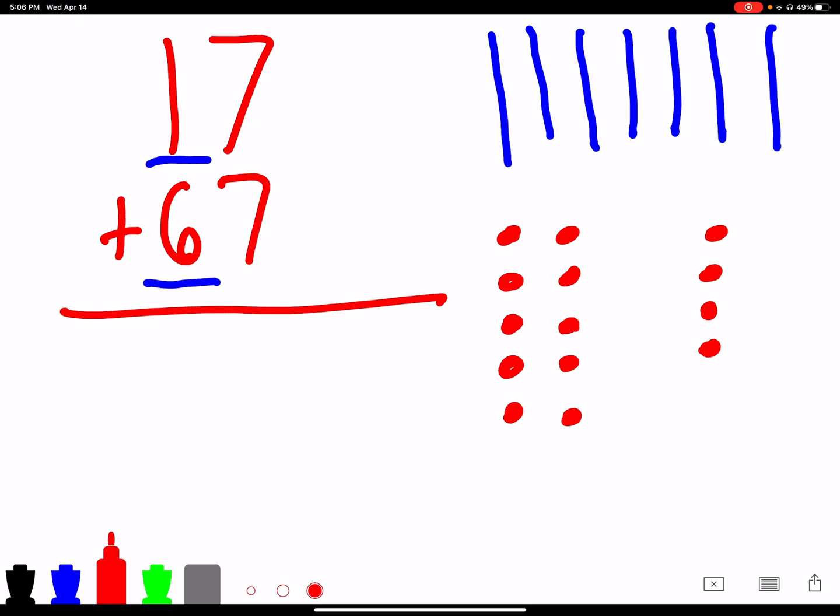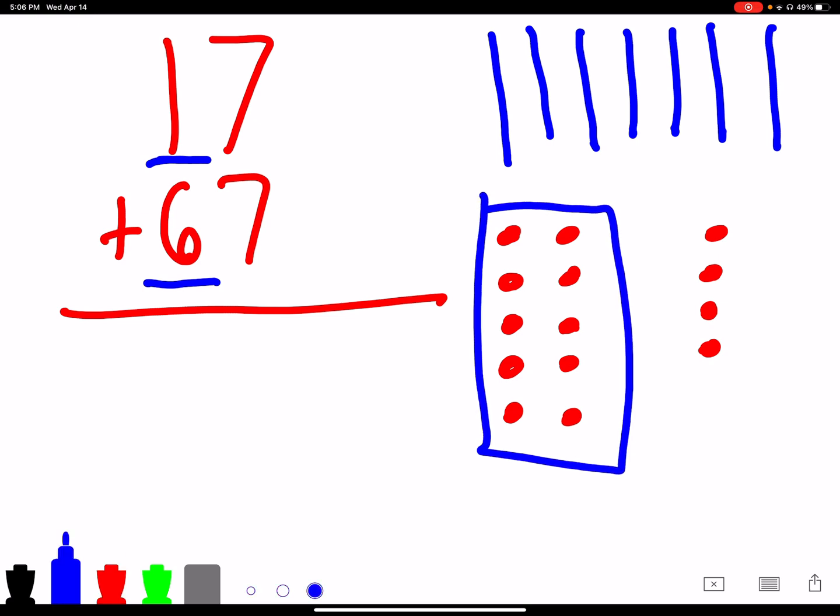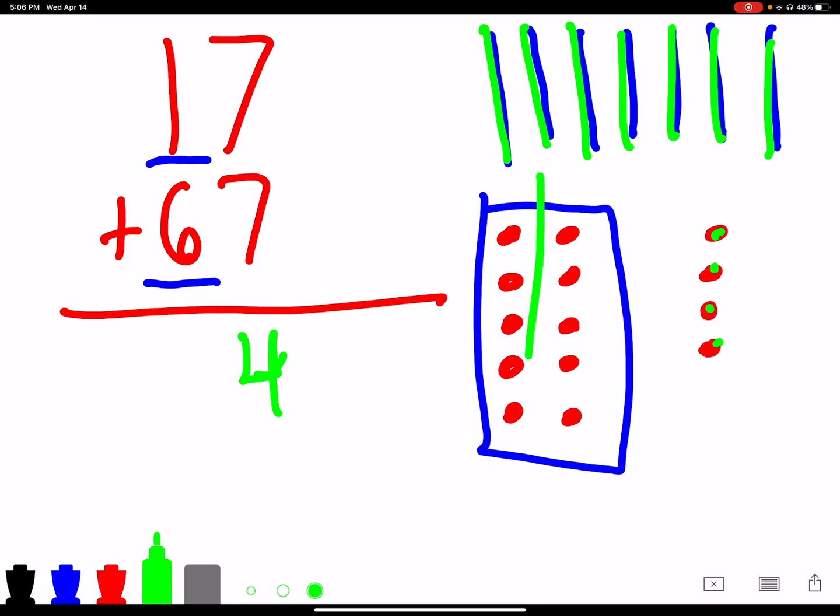And notice how we made a 10 when we combine the sevens together. So in this problem, we have 1, 2, 3, 4 in our ones place. And then we have 10, 20, 30, 40, 50, 60, 70, 80.